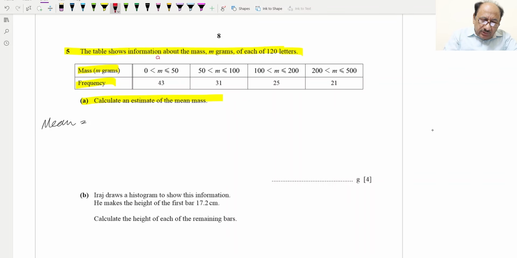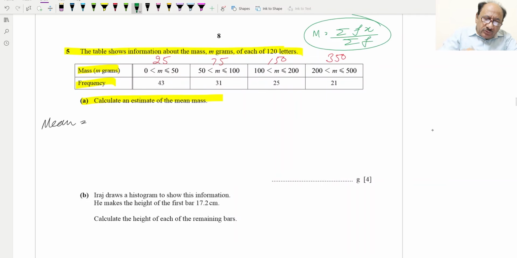The mid of this range is 25. Similarly, this will be 75, this will be 150, and this will be 350. And now we will be multiplying this with this, which is the formula. Mean is equal to sigma fx over sigma f, this will be the formula which we'll be using.